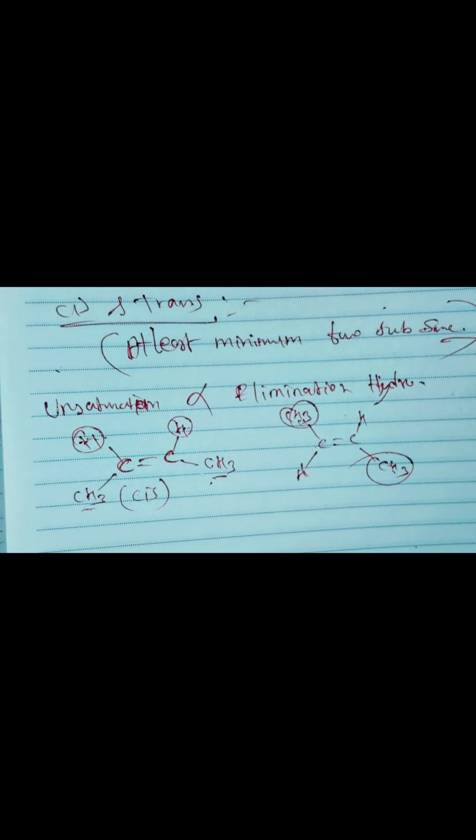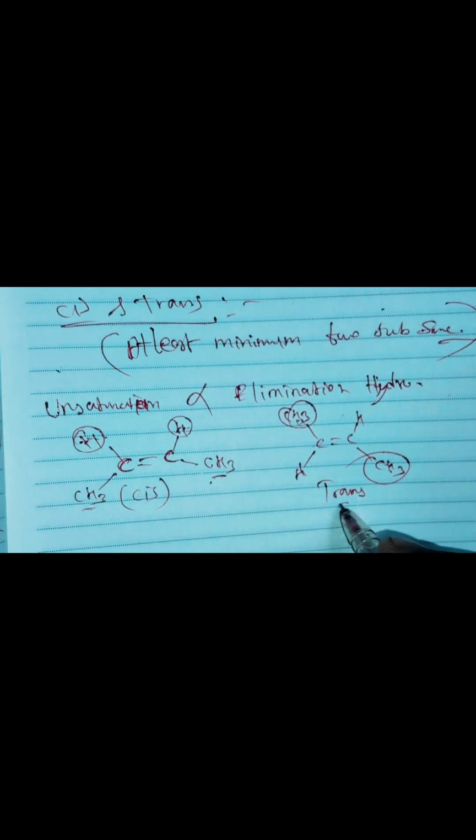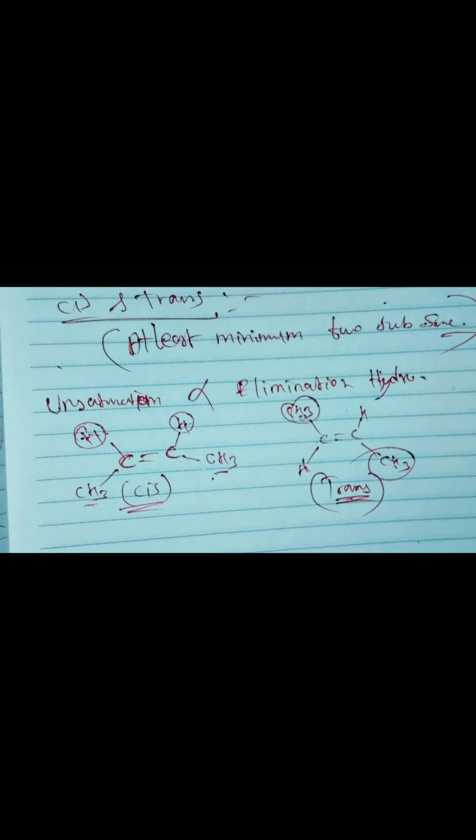If the same groups or atoms are substituted on the same side, it is the cis isomer. If the same atoms are substituted on opposite sides, it is the trans isomer. Here the methyl and methyl are in opposite directions, so that is the trans isomer. Simply, at least a minimum of two same substituents on adjacent carbons on the same side is cis, or on opposite sides is trans. The geometrical isomers of unsymmetrical alkenes, that is a very important key point.